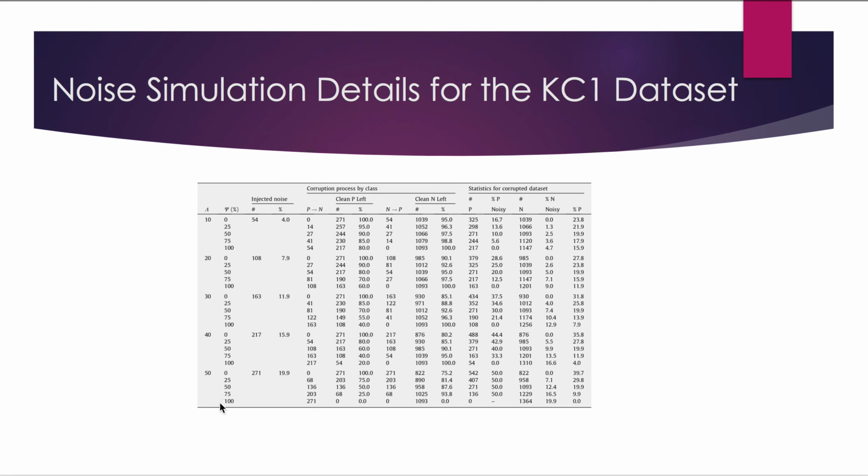The last row of the table, where lambda is equal to 50% and psi equal to 100%, resulted in a dataset with no positive examples, and hence this will be removed from our experiment.